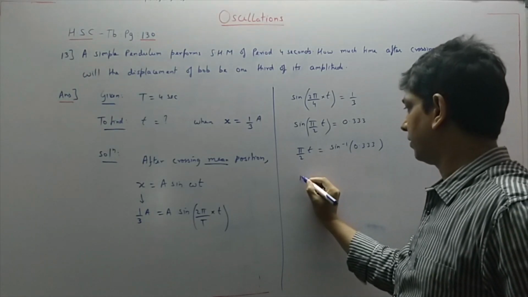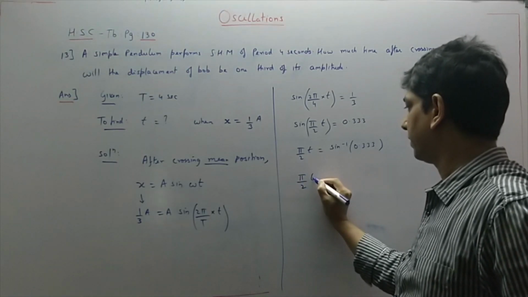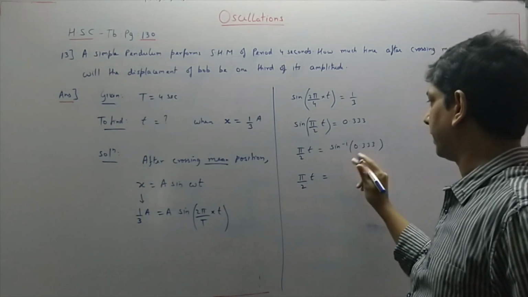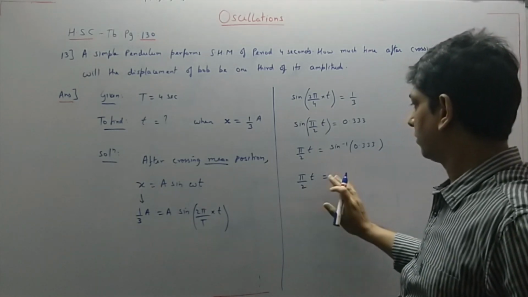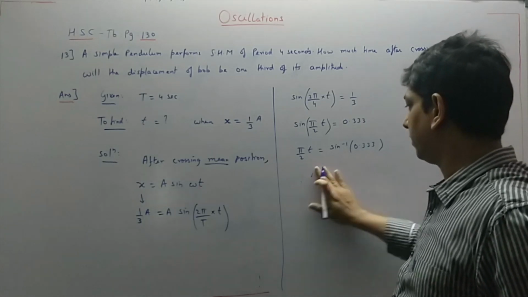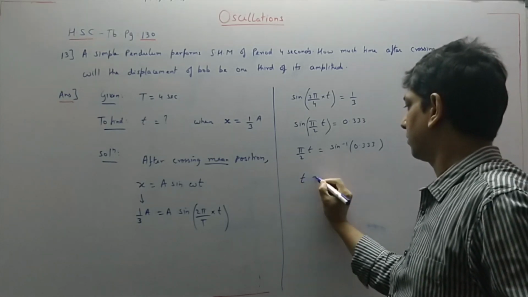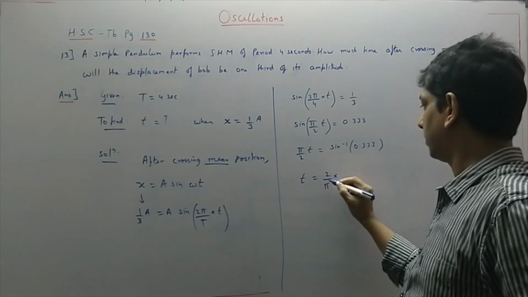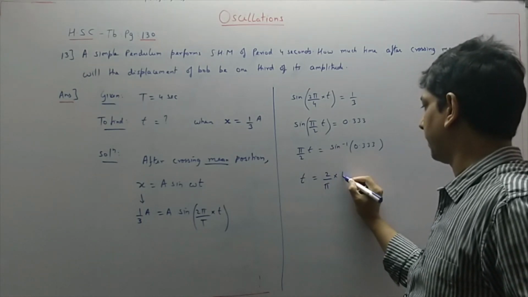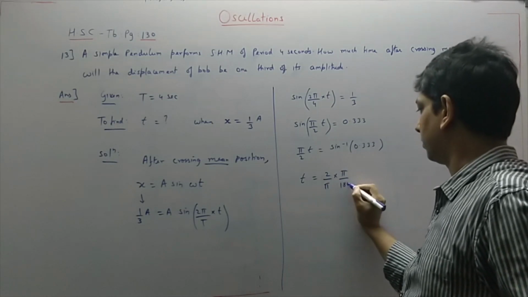First we will find pi upon 2, t is sine inverse. Now this is in degree. So what you can do here, I'm just writing t is 2 upon pi. To convert this into degree, we multiply by pi by 180. So this will become in degree.